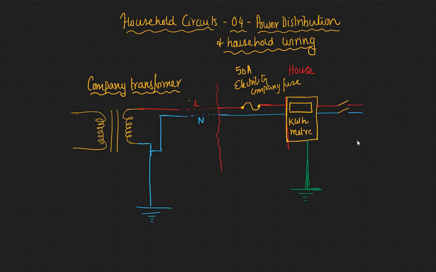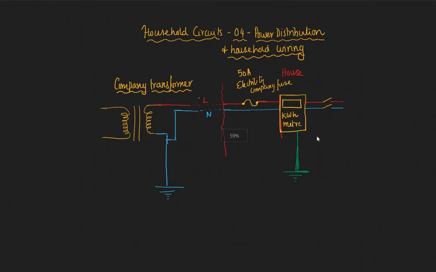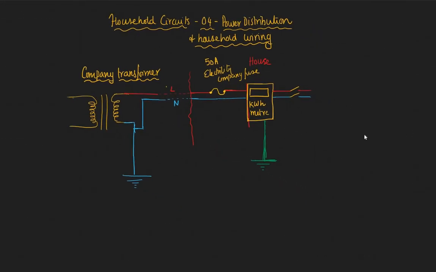Okay, so let me zoom out a little bit. So from here we connect this. This is a double pole switch, so let me mark this. Yeah, this is the symbol for a double pole switch, so it should be fine. And from here the journey of the live wire continues, and it first encounters the MCB.